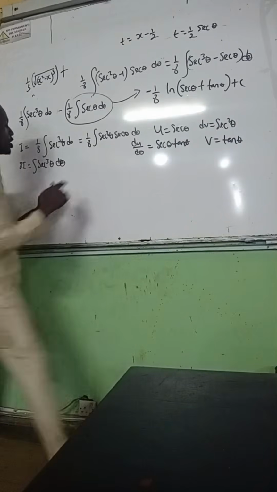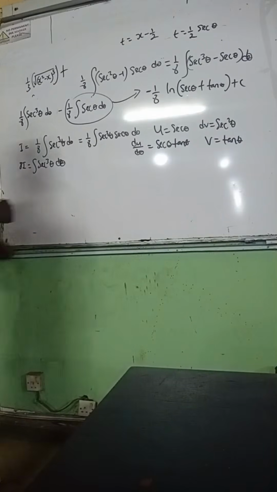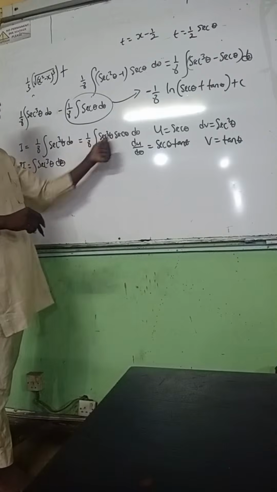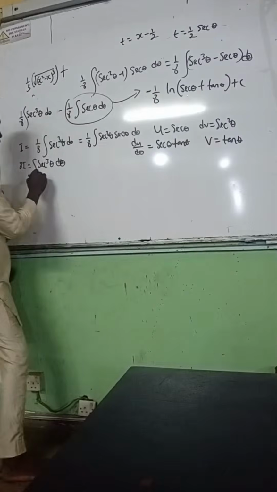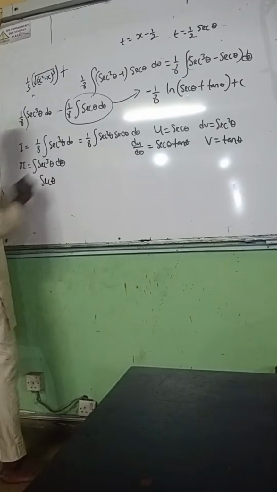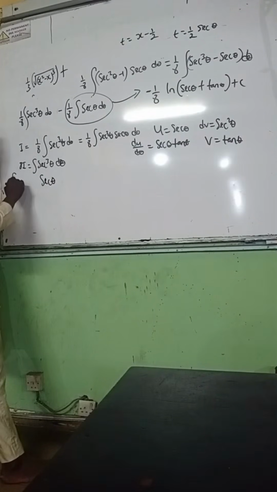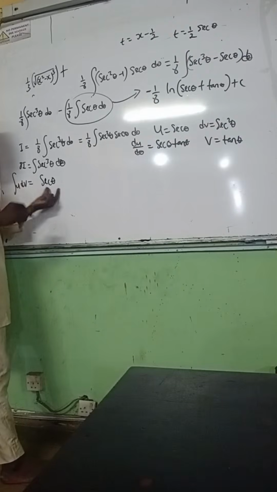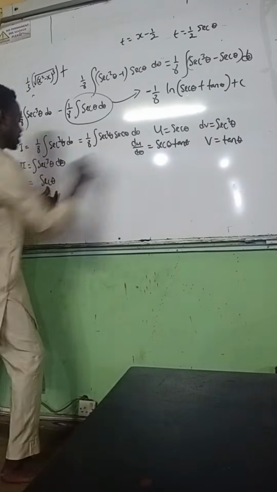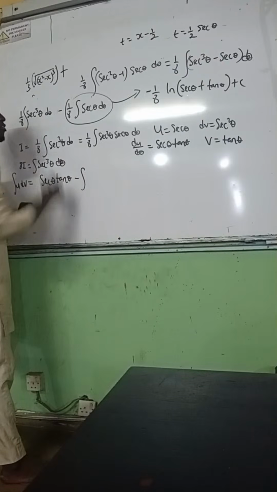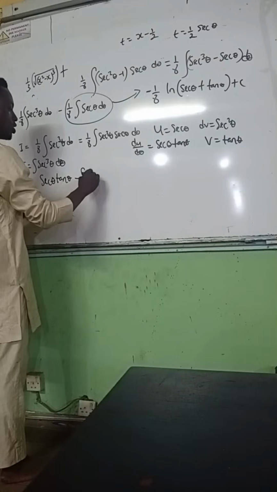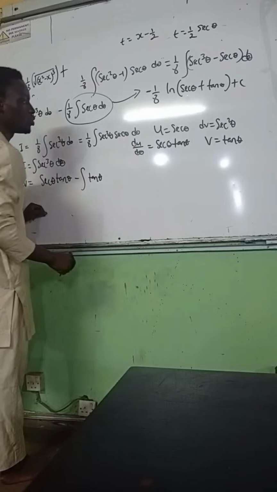So integral of u dv equals uv minus integral of v du. That's uv, sec theta tan theta, minus integral of v du, tan theta times du.